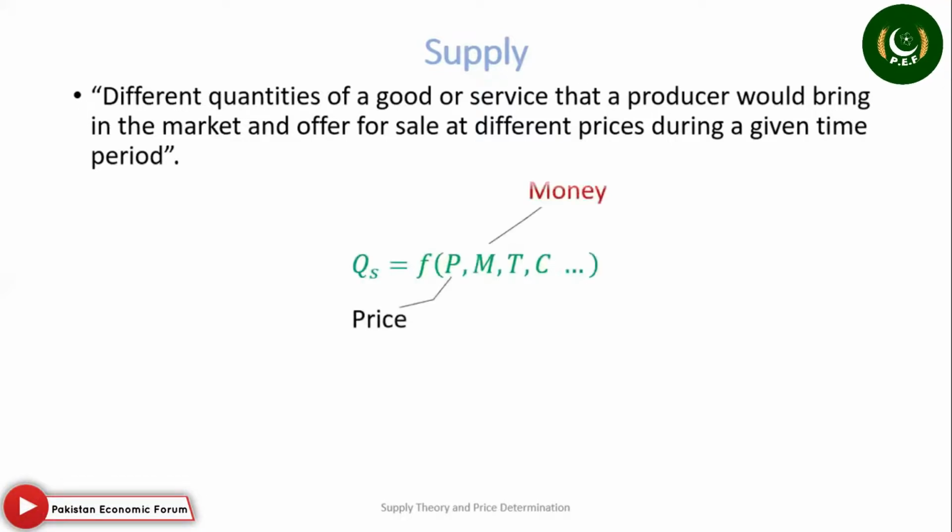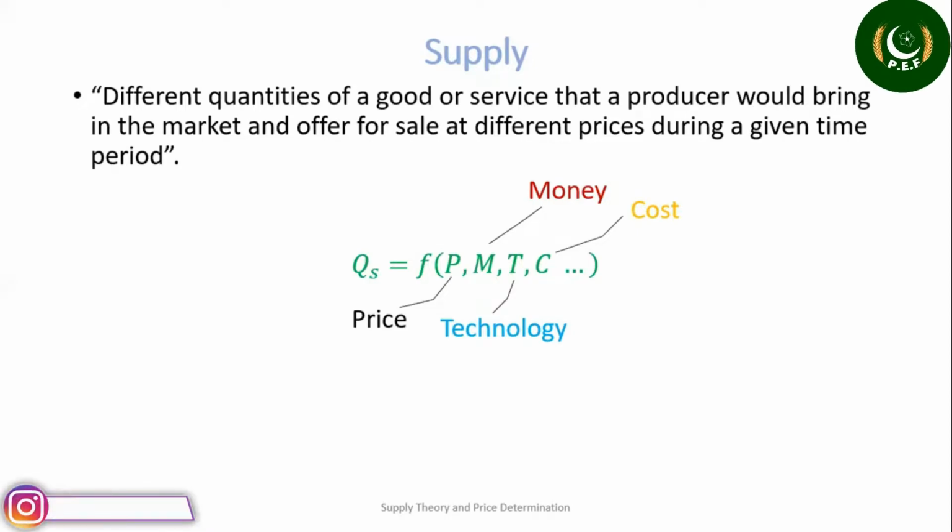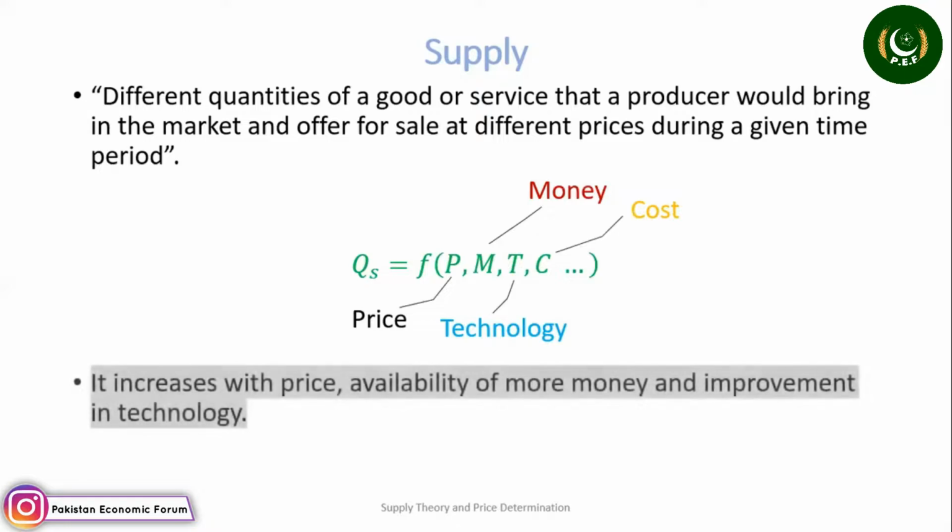Like demand, the quantity supplied also depends on many factors, such as price of the good, price of related goods, money, technology, cost, season, etc. The quantity supplied increases with the price. It also increases with an improvement in technology and with more stock of money available. However, the quantity supplied may decrease with an increase in cost of production.